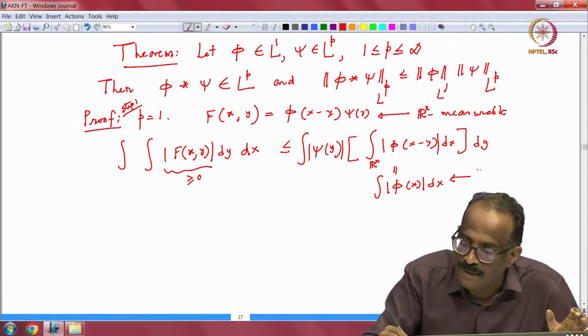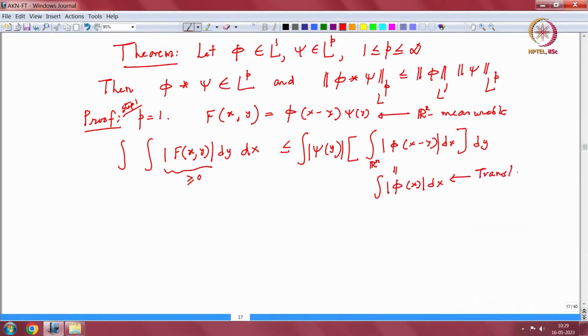This is the translation invariance of the Lebesgue measure. These are the properties you are using, invariance of Lebesgue measure, or the change of variable formula.